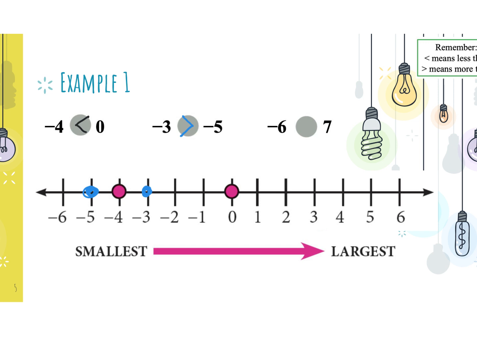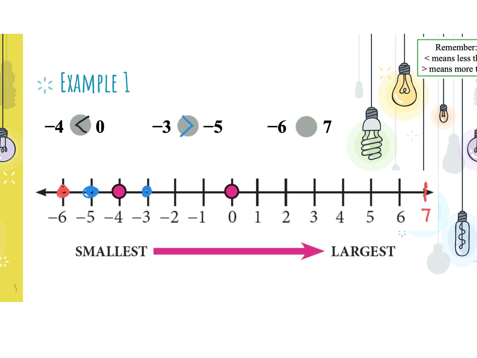Moving on to negative 6 and 7. We're going to go ahead and plot those on the number line as well. Negative 6 right here. Negative 7, we're going to have to make a mark on this number line, or I should say 7.